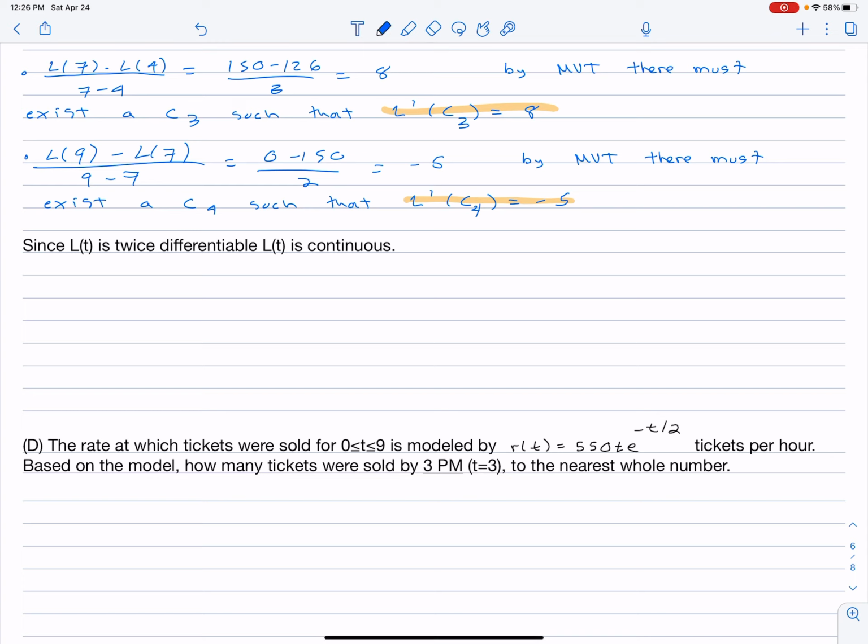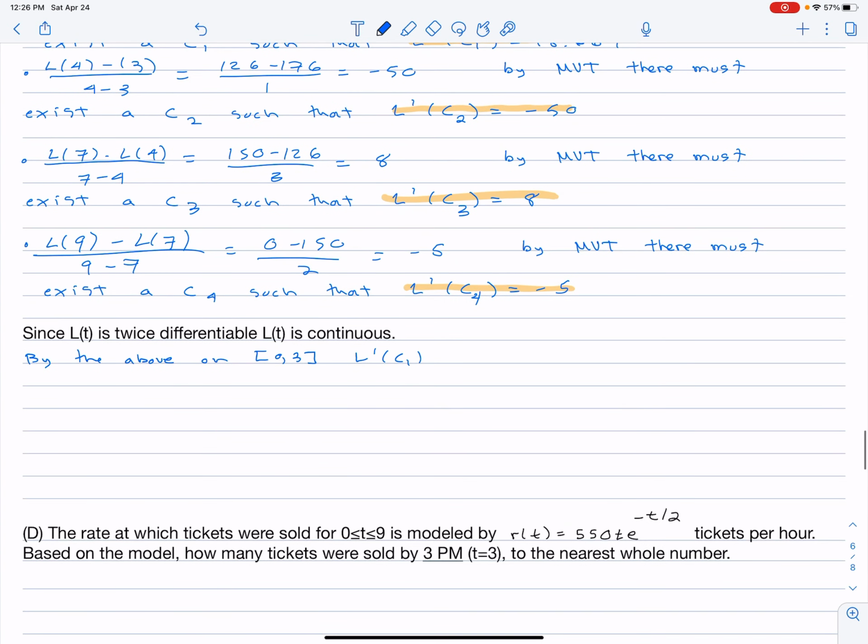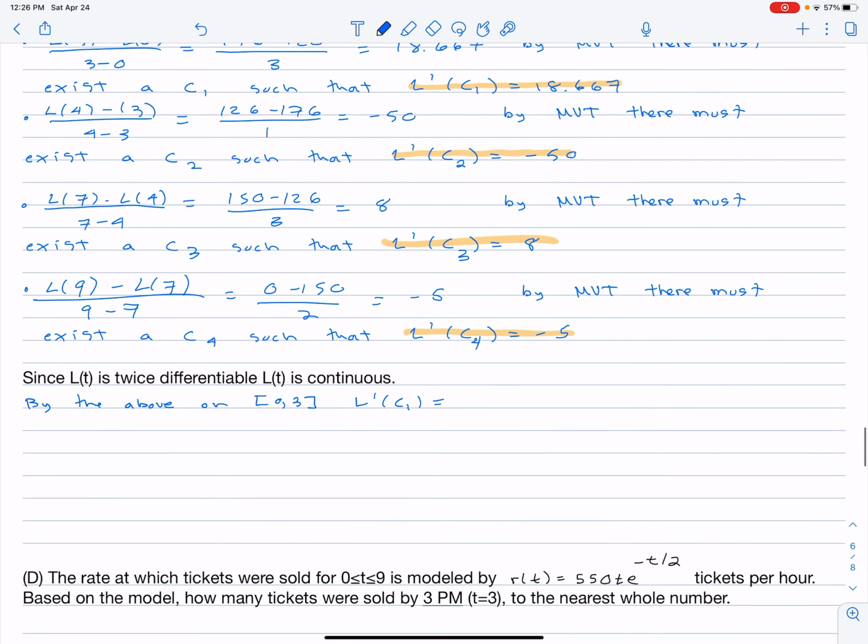So let's start with our first interval. By our above work, on 0 to 3, L prime of C1 equals, what did we say it equals? 18.667. On 3 to 4, L prime of C2 equals negative 50, right?